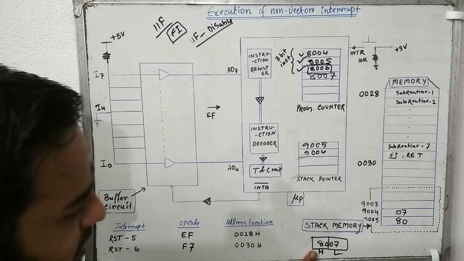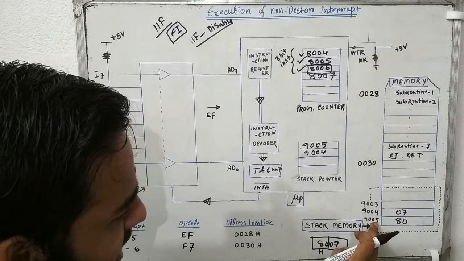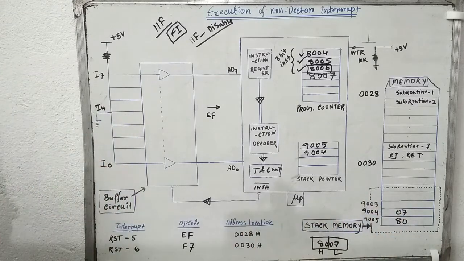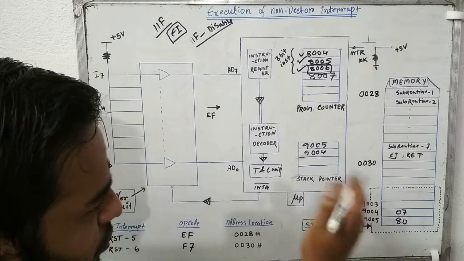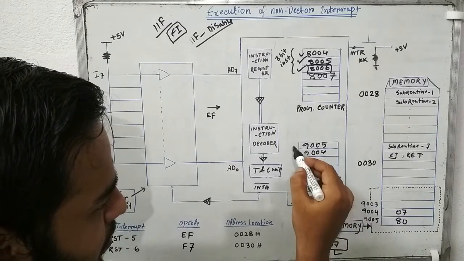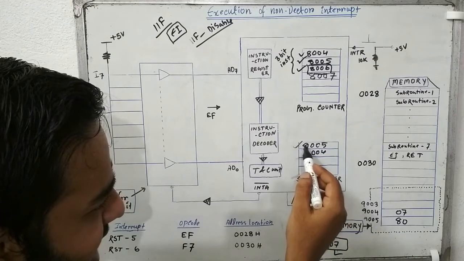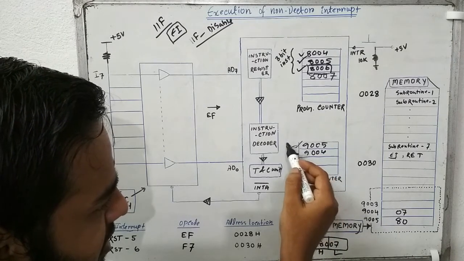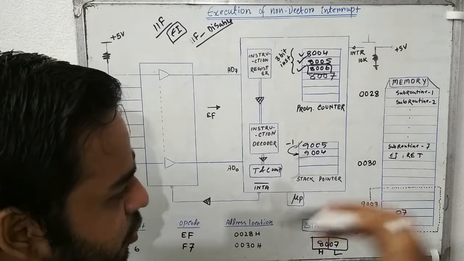The higher byte will go to the high address location, which is 9005. As we are performing a write operation to the stack memory location, the stack pointer will point to the higher address and decrement its address by 1. So here you can see it decrement the address by 1 and the write operation starts.